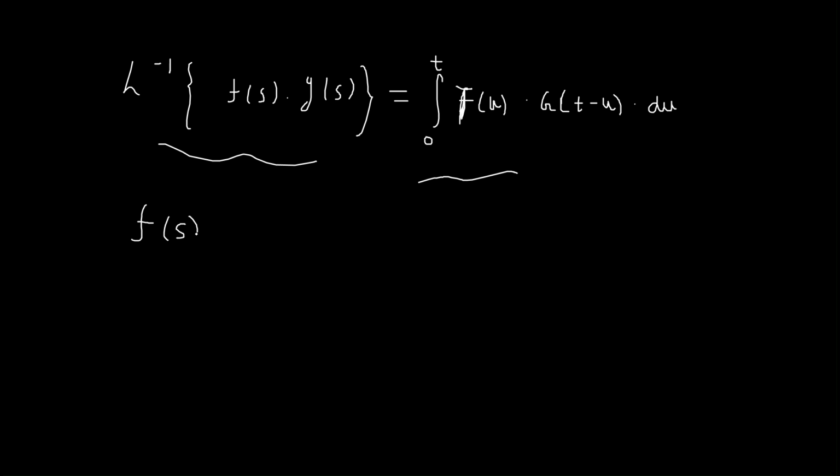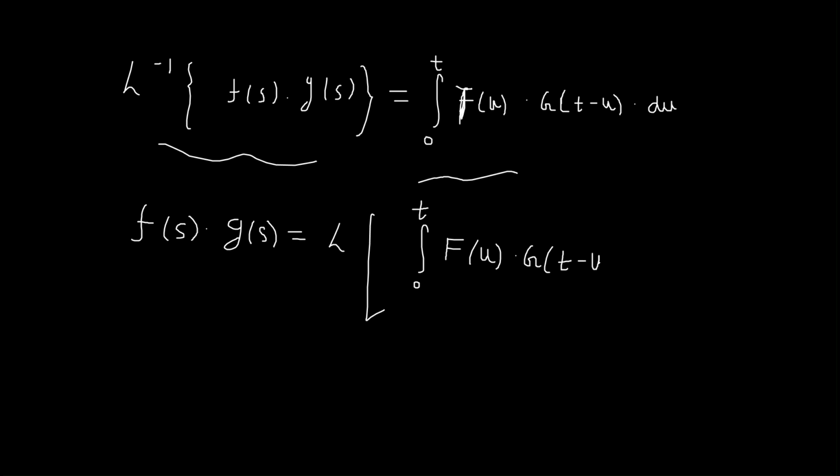Now, if the inverse Laplace transform of this is this, then through simple manipulation we can say F of s times G of s will be equal to the Laplace of the integration from 0 to t of f of u times g of t minus u du.